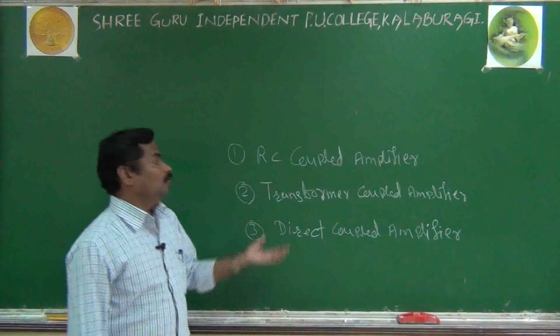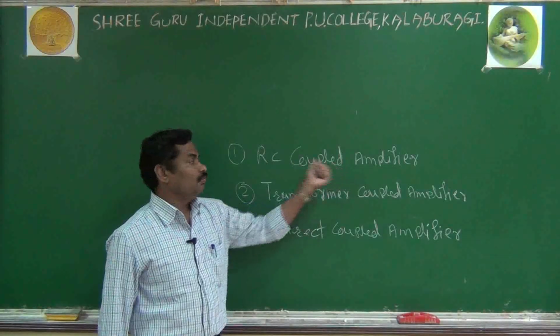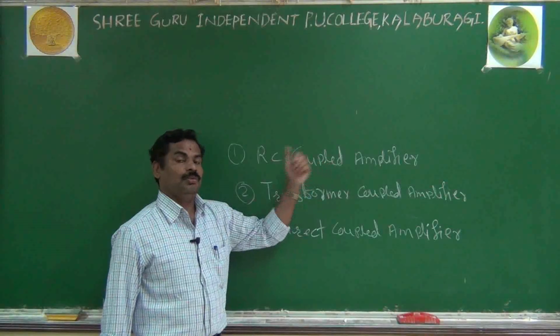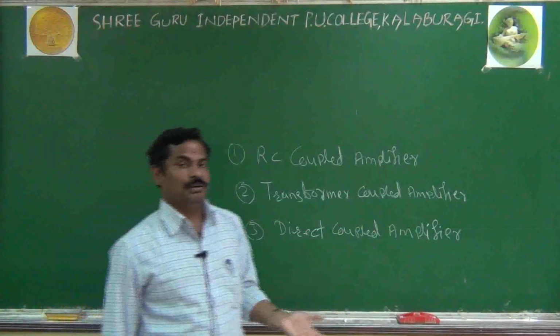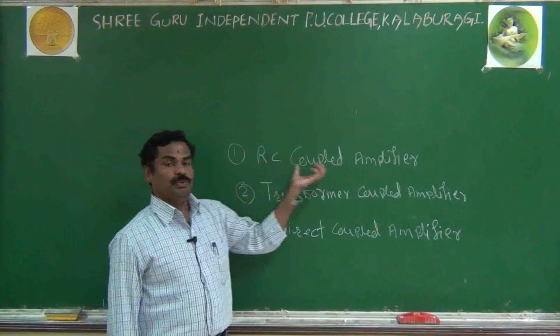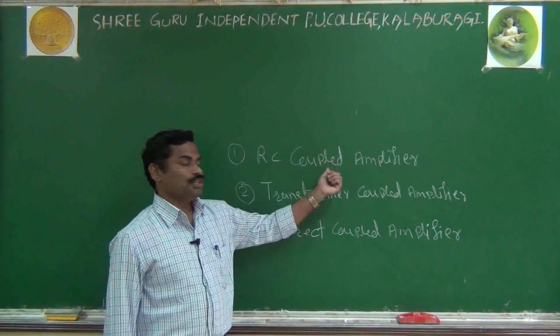And if you want to connect the output of the first stage to the second stage by using RC, that is nothing but RC coupled. It means if you want to transfer from output to the input, and in between you are using an RC combination, that is called RC coupled.